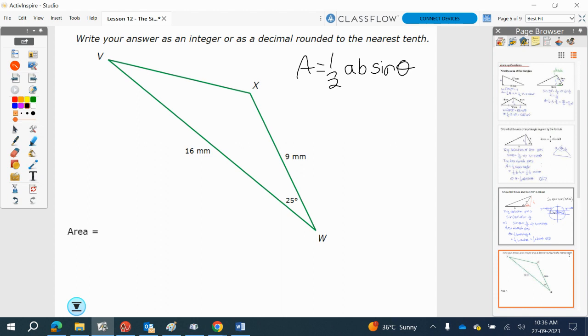You can prove that formula using the compound angle identity.